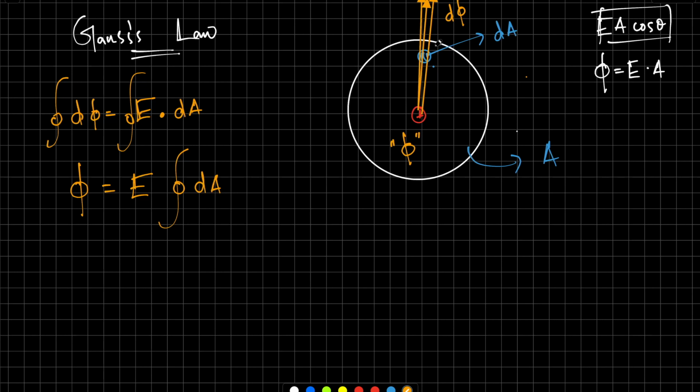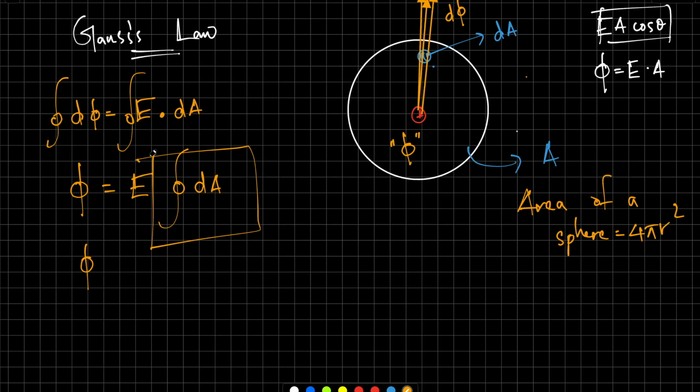If you integrate the small area throughout the whole spherical surface, you'll get the total area of the sphere. Area of a sphere is equal to 4 pi r square. Closed integral dA will give you the total area of the sphere, that is 4 pi r square. So I'm going to replace this whole integral with 4 pi r square.